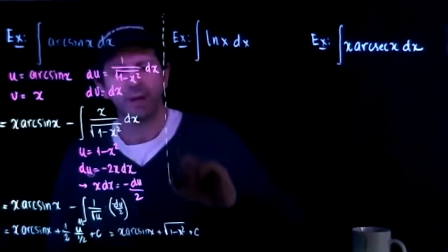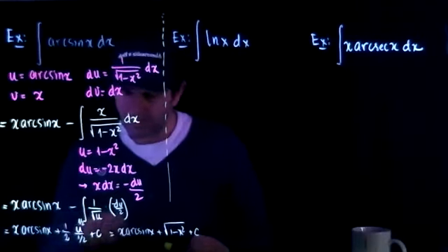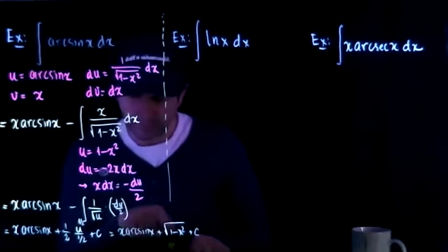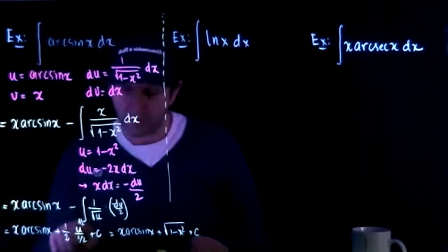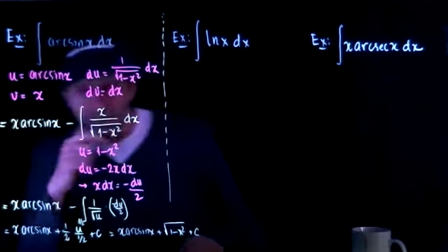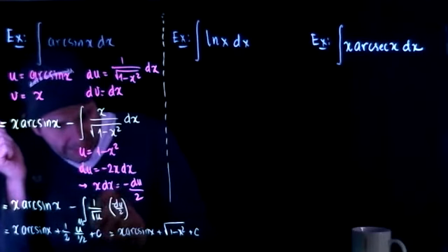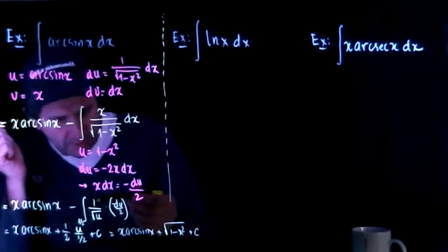Sir, could you repeat the last line again, please? What you did at the last line? The whole line. Yeah, to get from the integral to the next. So this is u power negative half.